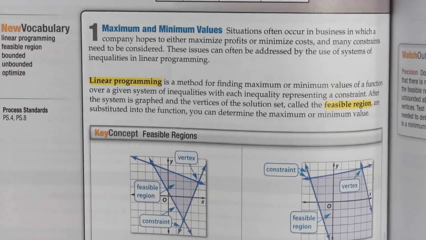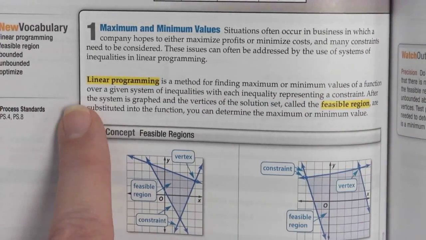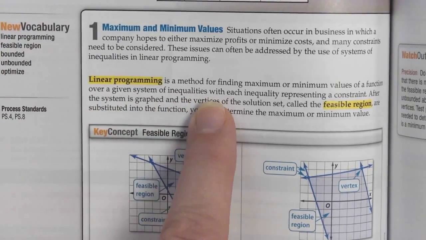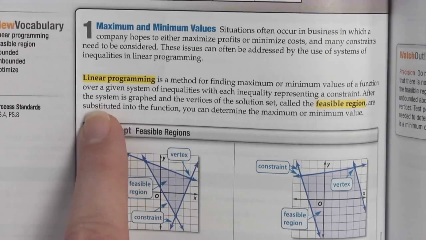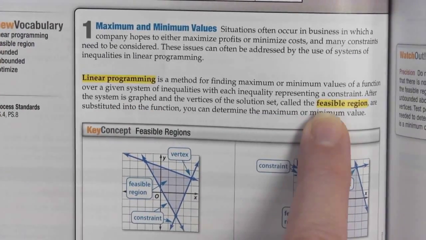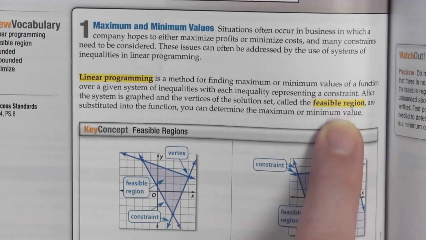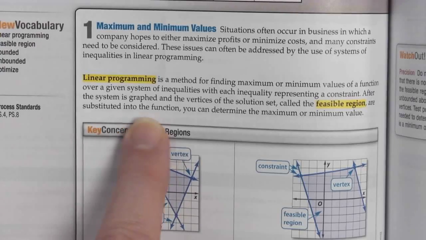So linear programming is a method to find the maximum or minimum values of a function over a given system of inequalities, with each inequality representing a constraint. After the system is graphed, the vertices of the solution set, this is called the feasible region, are substituted into the function.